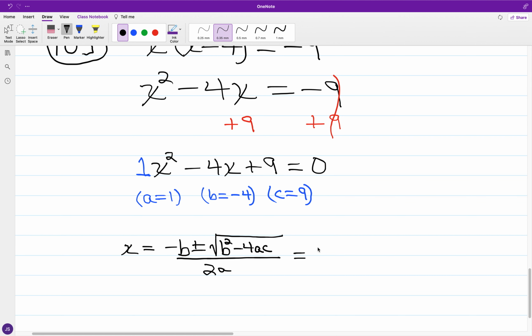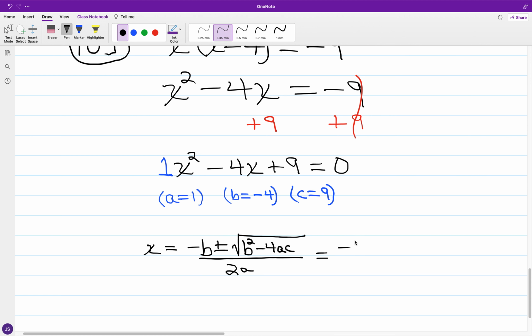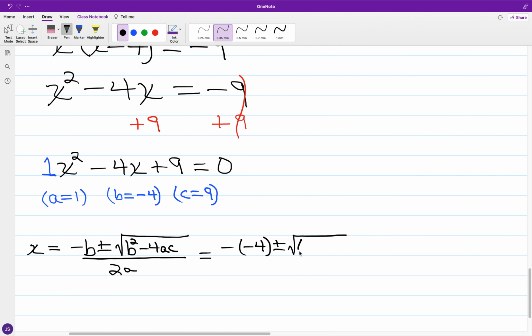At the substitution stage, for negative b, we have the opposite sign of negative 4, plus or minus the square root. b squared is the square of negative 4, minus 4 times 1 times 9, and all over 2a, because we have 2 times 1.